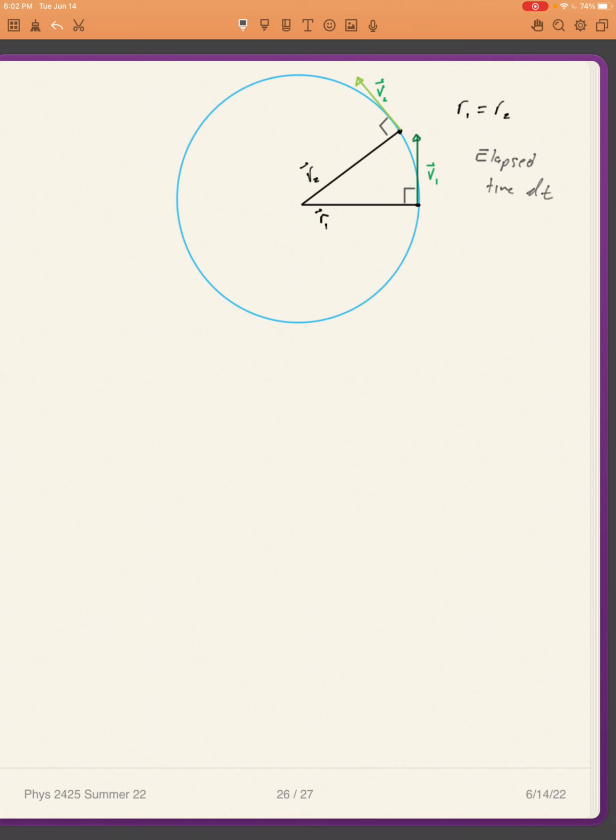In that amount of time, the object went from position A to position B, and it underwent a rotation over an angle d theta. We're going to look at this a little bit more closely.